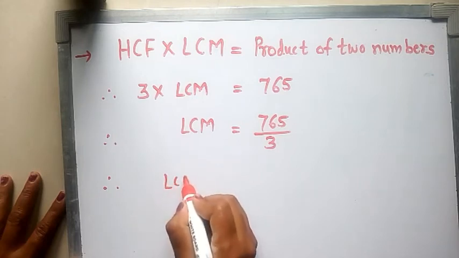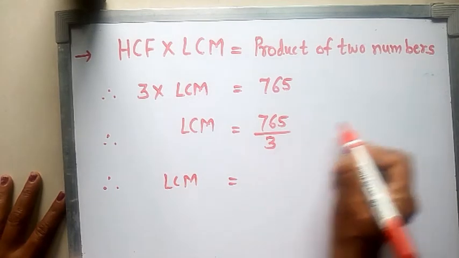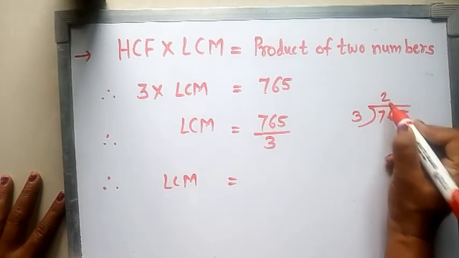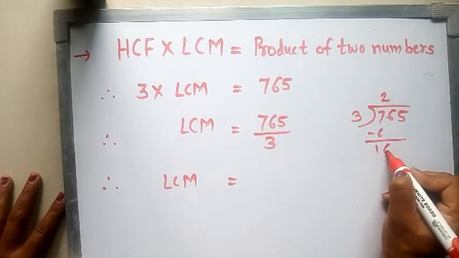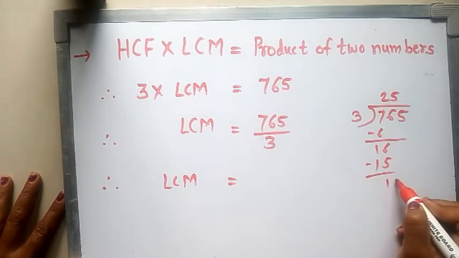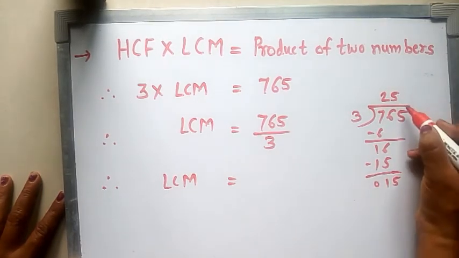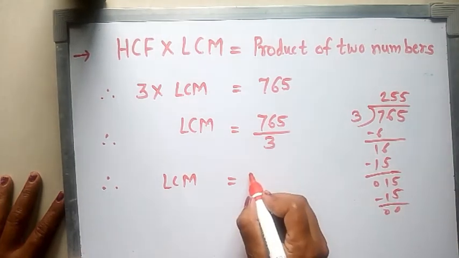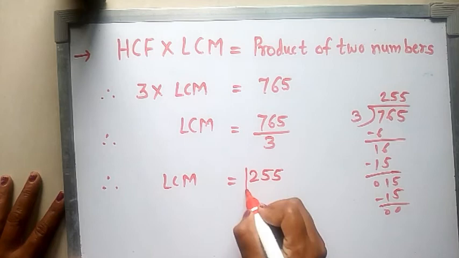I divide by 3. 3 2s are 6. 3 5s are 15. LCM is 255.